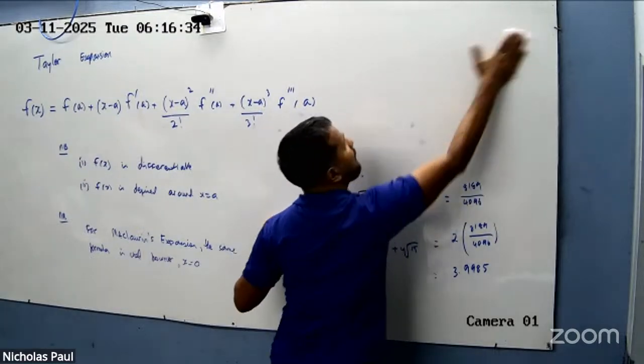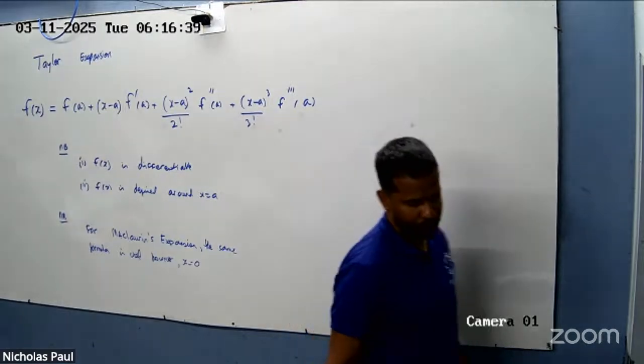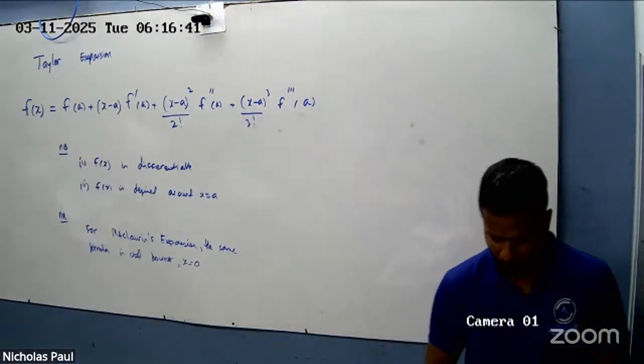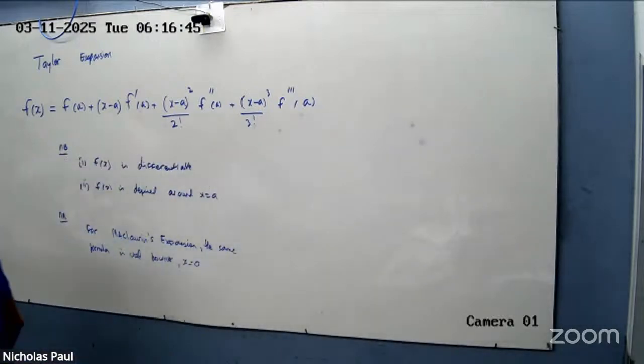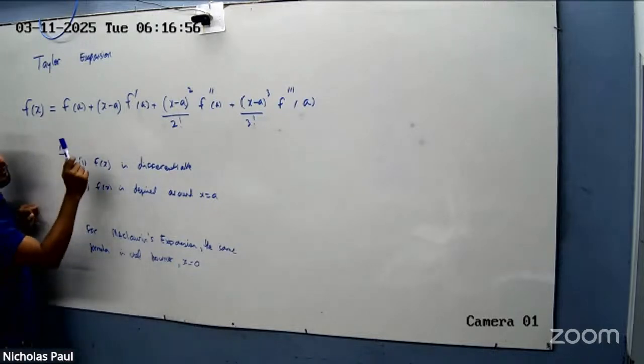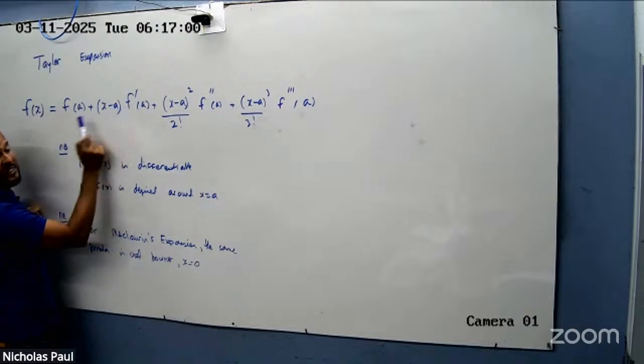Copy it down. Let's do an example. In your formula sheet, they will give you the same formula, but the old ones don't have Taylor, they have Maclaurin. So instead of an a, you'll see 0.